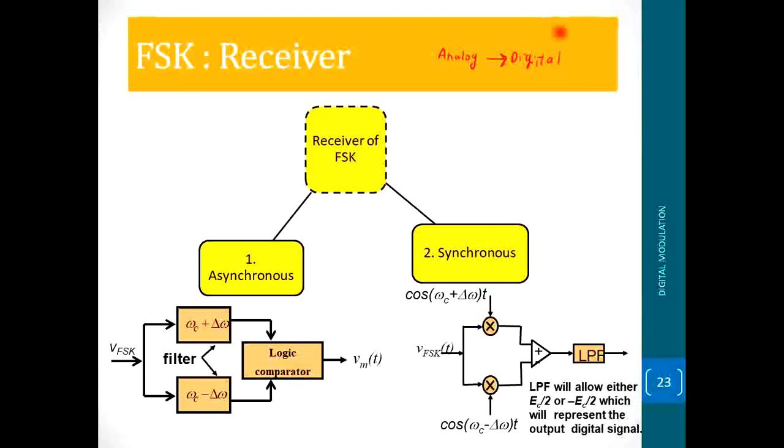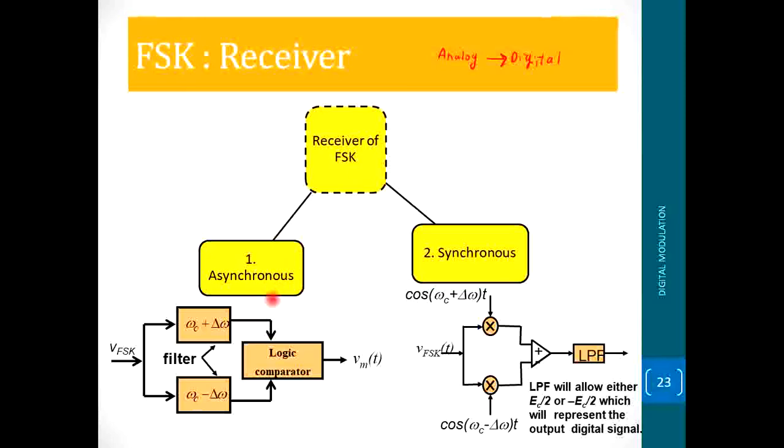So there are two methods that you can use to receive the FSK signal: the asynchronous method and the synchronous method.